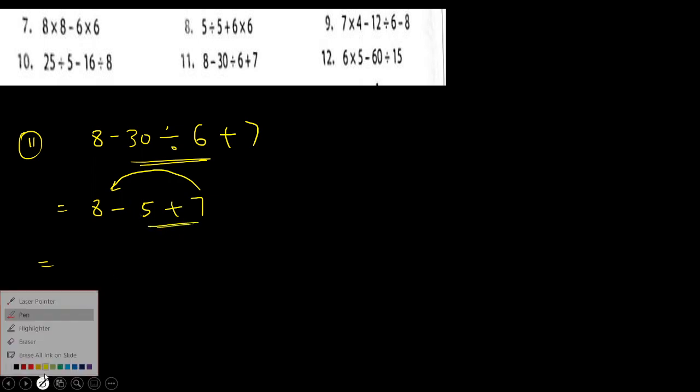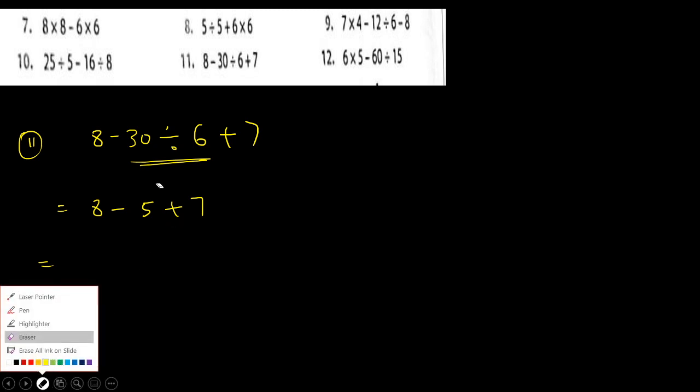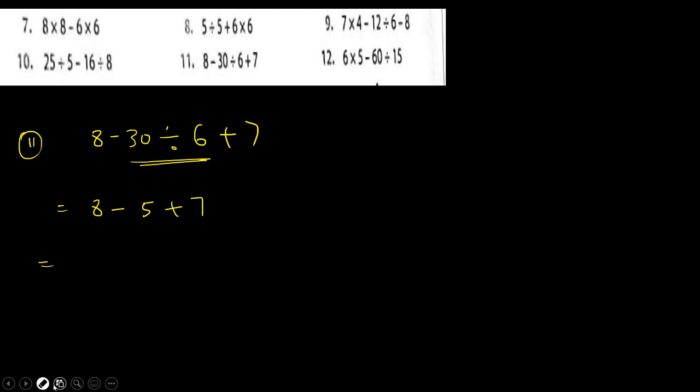Don't add 5 with 7, because 5 is negative. So we will add the two positive numbers. So 7 plus 8 is what? When you add 7 with 8, you will get 15. 15 minus 5 is 10. Okay, so your answer is 10.